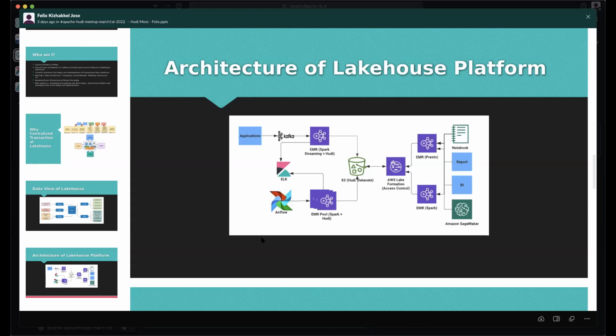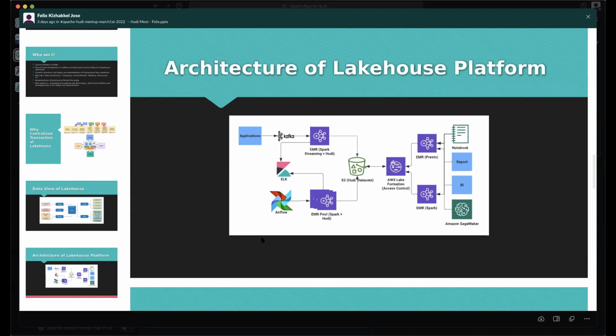Hudi enables us to do incremental data pipelines and processing. So using Apache Airflow, we do the pre-aggregation or enrichment of the data from the silver layer to the specific application layer, that is the golden layer tables. That way our downstream use cases are satisfied in an efficient and timely fashion.